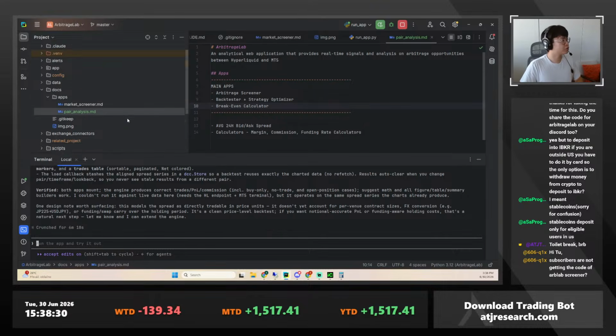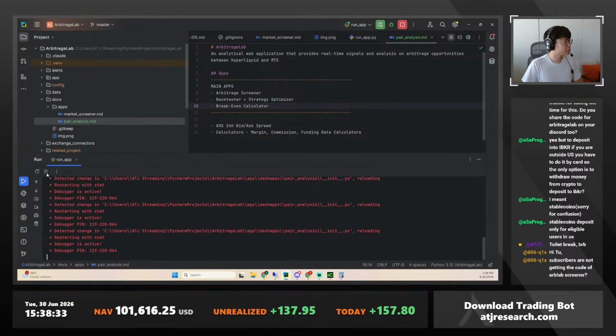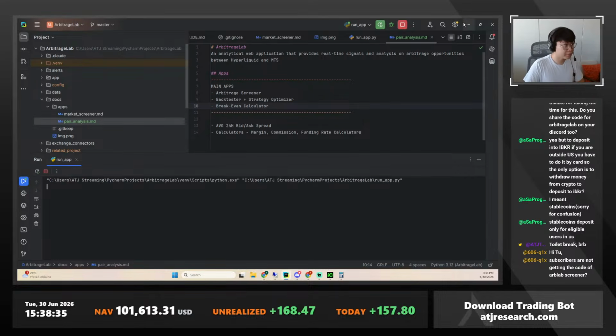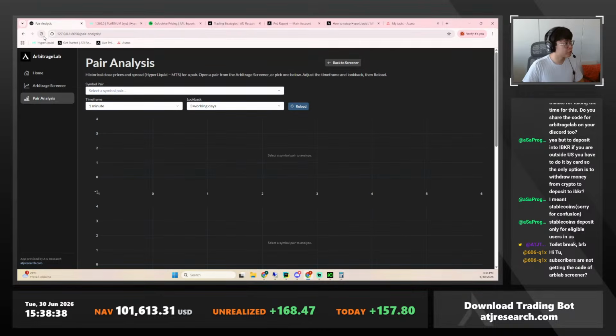Okay, so let's try this. I'm going to restart this dashboard. A backtester should now be implemented, and so I'm going to restart.